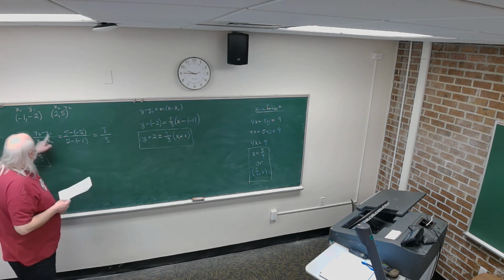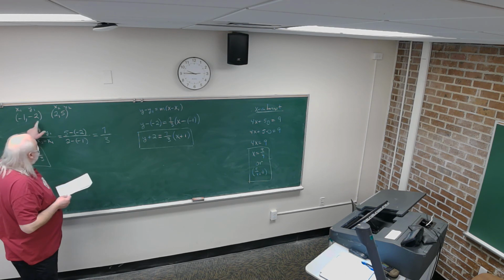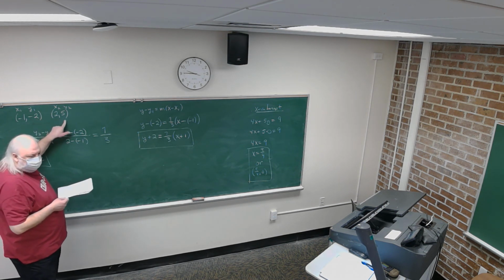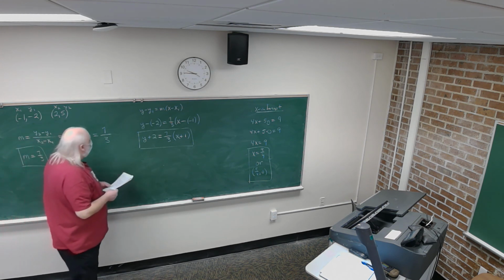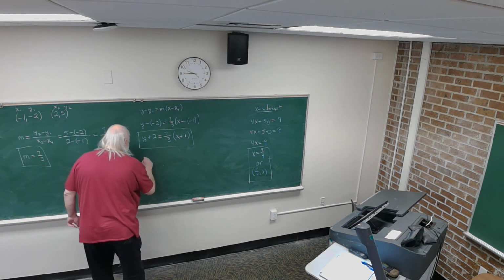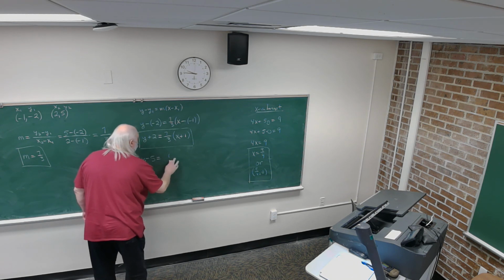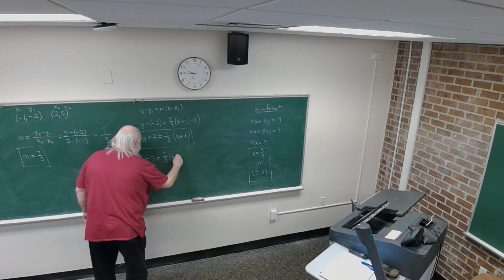Now, so that's one way of writing it. Now, if you switch it and label this point x1, y1, okay, then the equation of the line in point-slope form would be y minus 5 is equal to m, 7/3, times x minus 2.